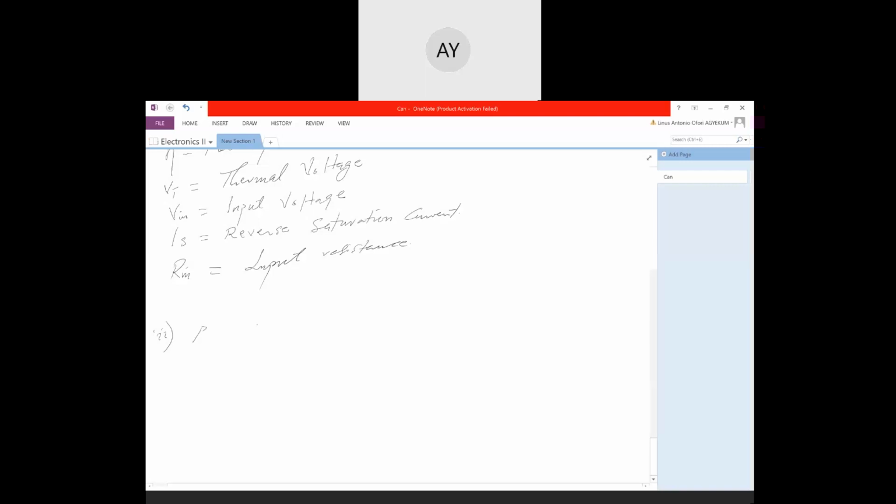So the importance of the PN junction diode here is that it helps the circuit behave like a nonlinear compressor of signals.